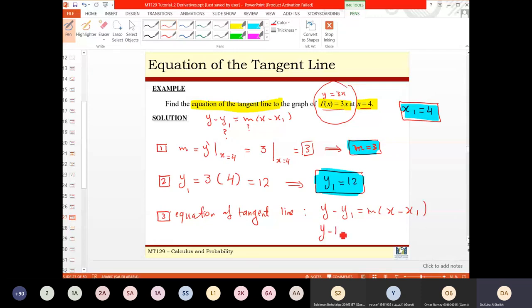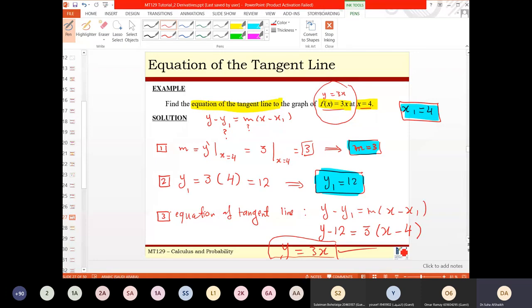So it is y minus 12 equal to the m, which is 3, times (x minus x1, which is 4). This is the equation of the line. A little bit of arrangement here will give you y equal to 3x minus 12 plus 12. So this is the equation of the line.